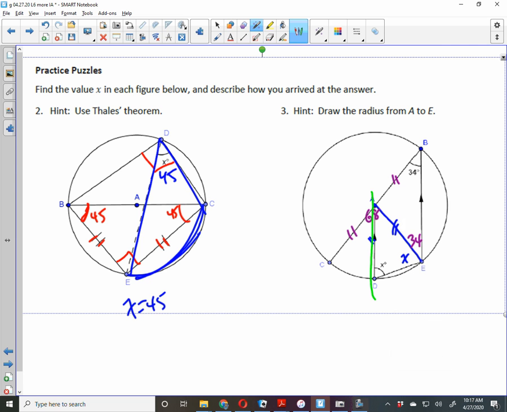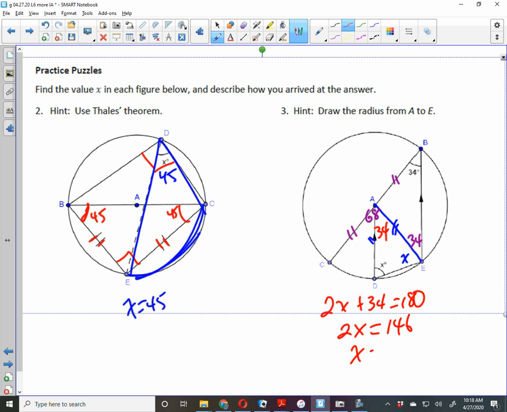If you have parallel lines, do we have any transversals? Yeah, oh man, we got more than that. Look at that. So we now know that that is also 34, and I actually gave you too much information. That's 34. Okay, so I've got 2x plus 34 equals 180. 2x equals 146. Therefore, x divided by 2 gives me 73 degrees. There's a lot of information there that we had to look at, and we actually didn't need it all.